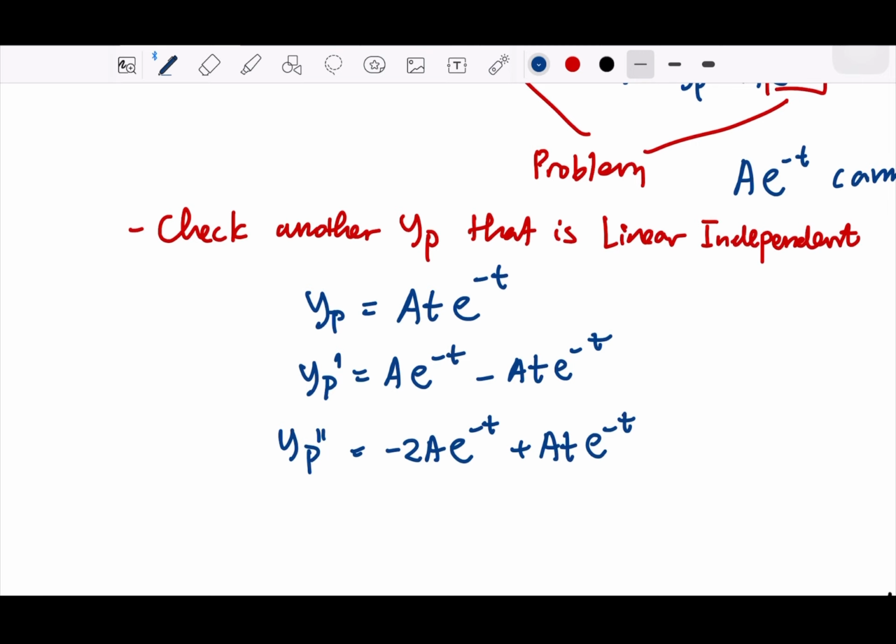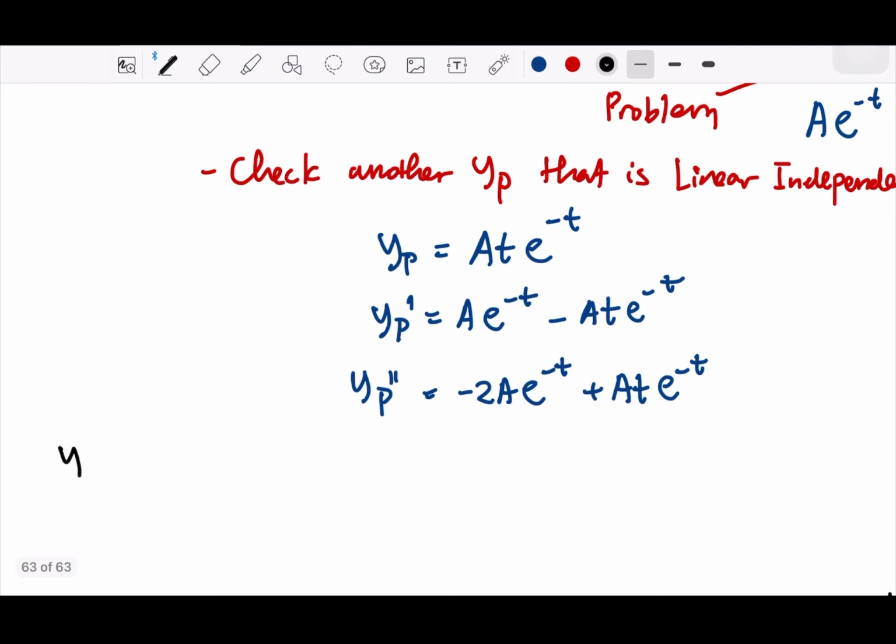And then by taking this into our equation, let me write here, y double prime minus 2y prime minus 3y equals 3e negative t, and plug in all these components.